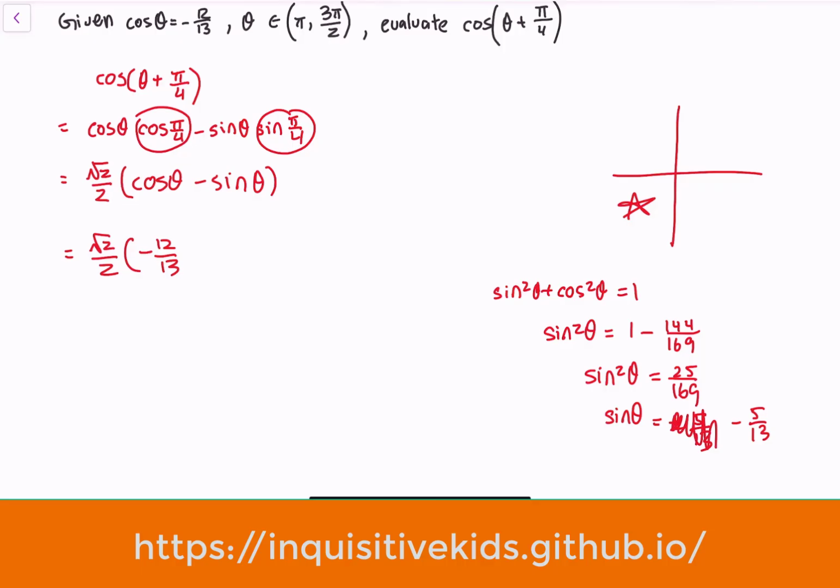And now we're going to subtract sine theta from cosine theta. So that's the same thing as adding 5 over 13. We have square root of 2 over 2 times negative 7 over 13. This gives us negative 7 times the square root of 2 over 26. And that is our answer.